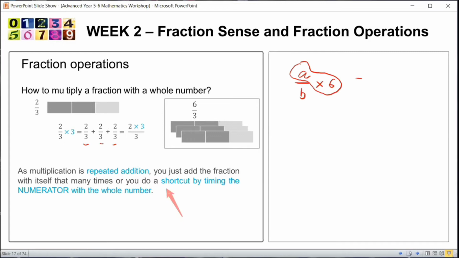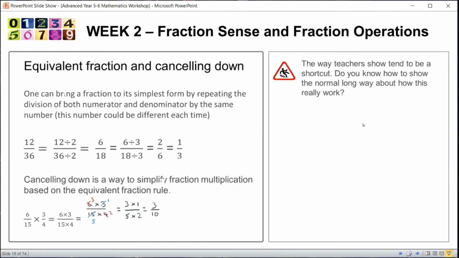So basically, that becomes A times C over B. Yep, that's quite simple. There's nothing really fancy about that at all.